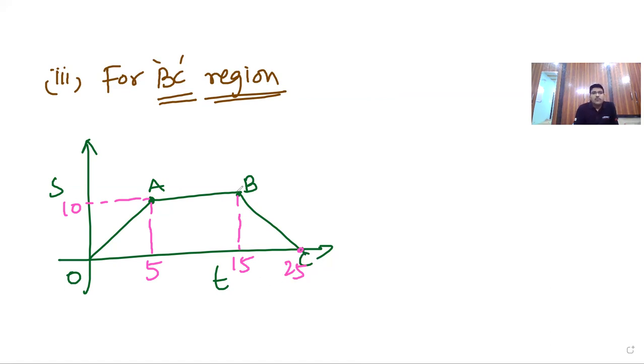Clear? Now we require B and C. So what are the coordinates of B? Here I write: x coordinate is 15, y coordinate is 10. Look at the graph carefully. And for C, the x coordinate is 25, and there is no y coordinate, it is 0, because C is on the x-axis, so automatically the y coordinate is 0.